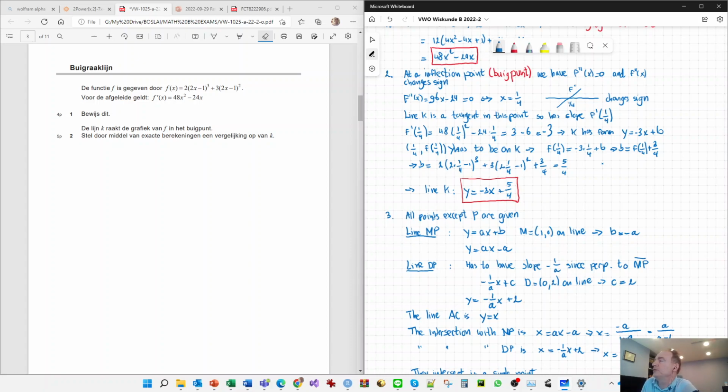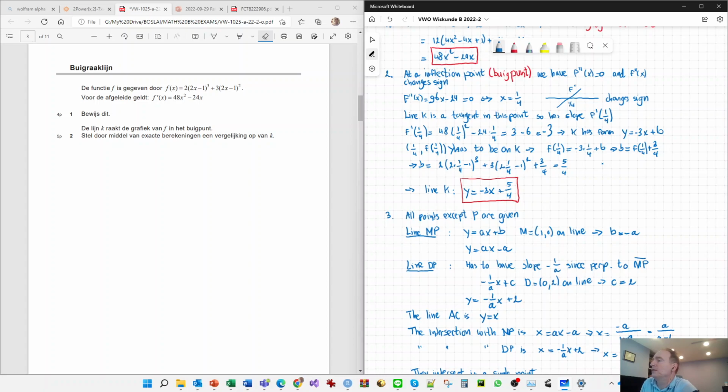So, substituting that, we find that b has to be equal to the function at 1/4 plus 3/4.